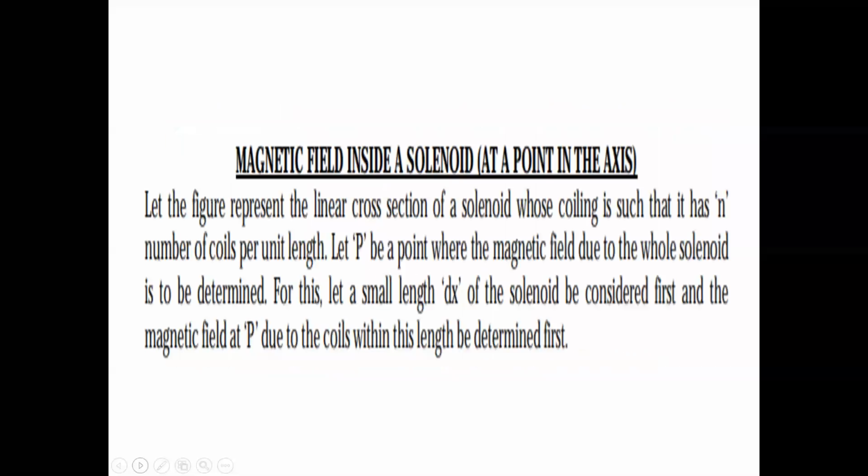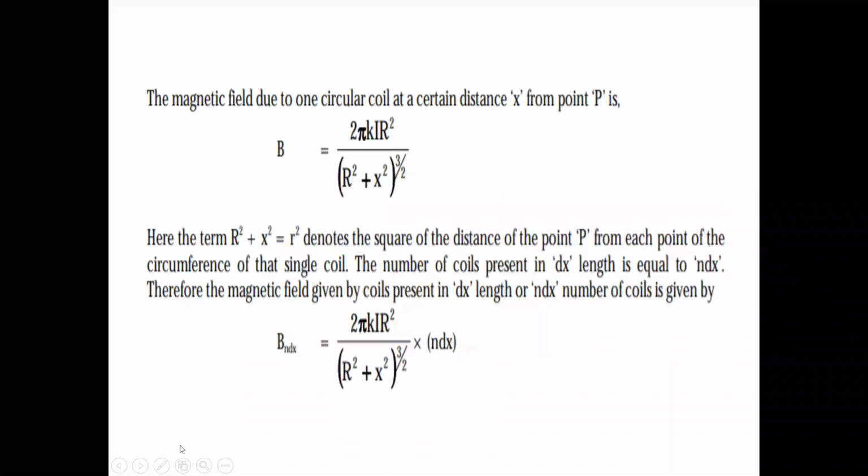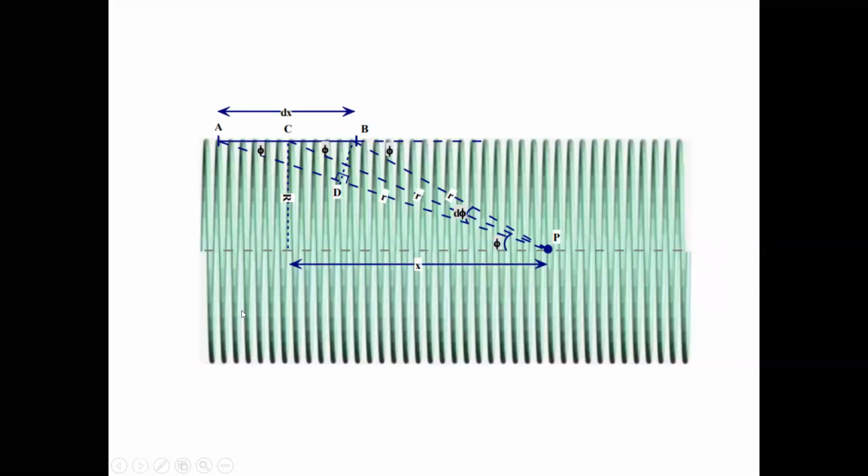Now we discuss the second application, that is the magnetic field inside a solenoid. First of all, we observe the figure. What is a solenoid? This is the shape of the solenoid.